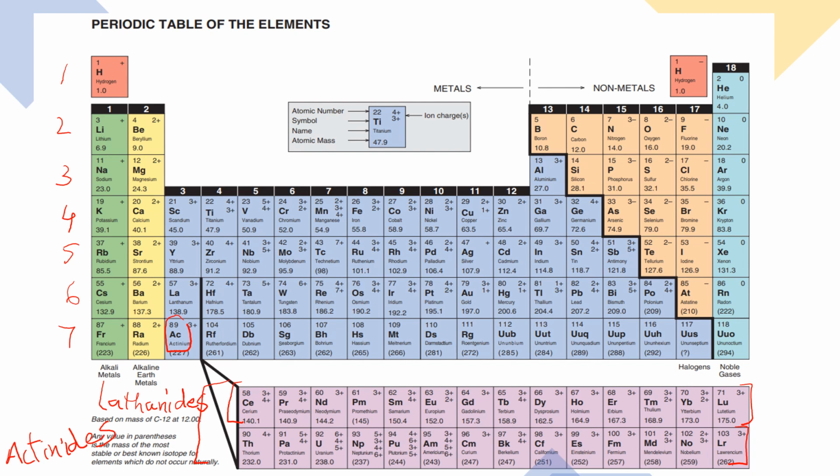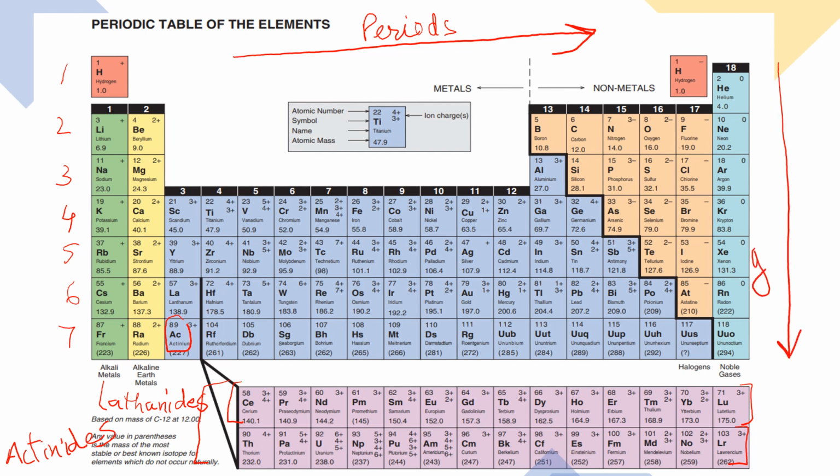If we go from left to right, these are periods; if we go from top to bottom, these are groups. How many groups are there in total? 18. How many periods? 7.